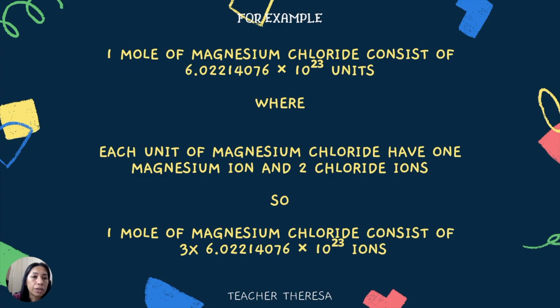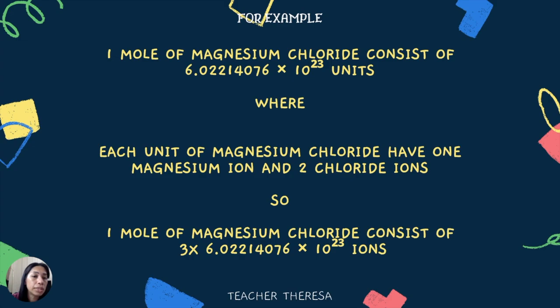For example, 1 mole of magnesium chloride consists of 6.02214076 times 10 to the power of 23 units. If we know each unit of magnesium chloride has 1 magnesium ion and 2 chloride ions, then 1 mole of magnesium chloride consists of 3 times that number of ions.